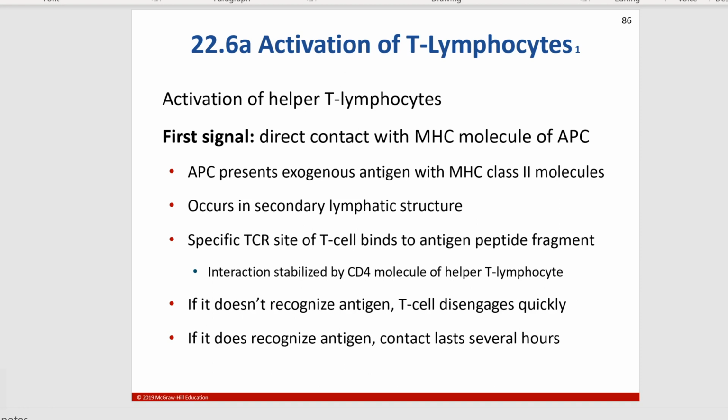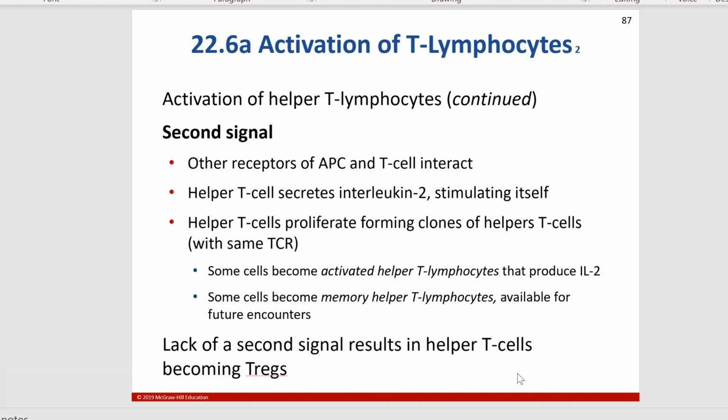So we're talking MHC class 2 here. If it doesn't recognize the antigen, the T cell disengages quickly. If it does, it binds to it.